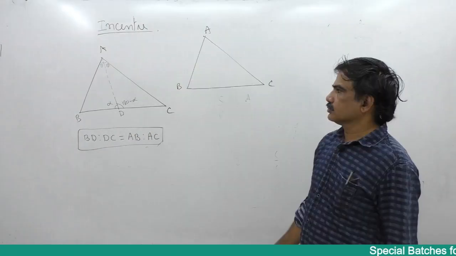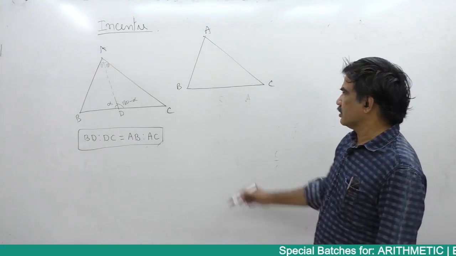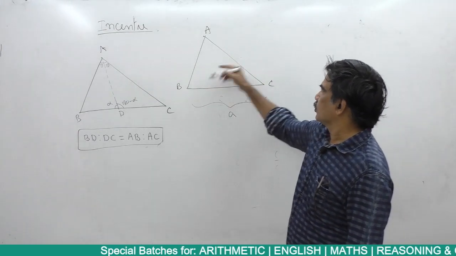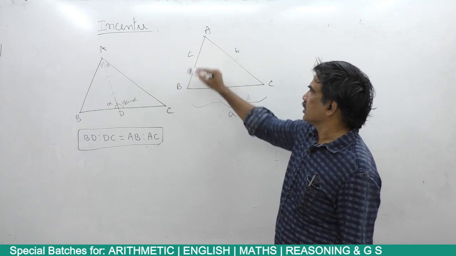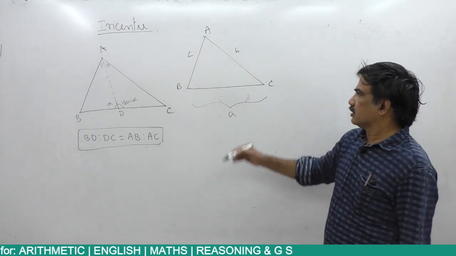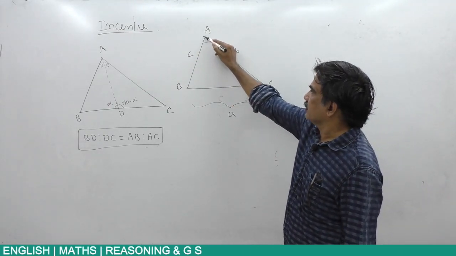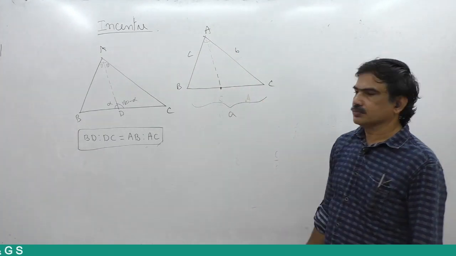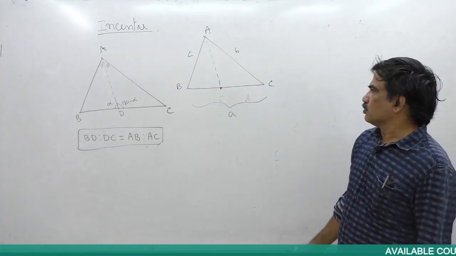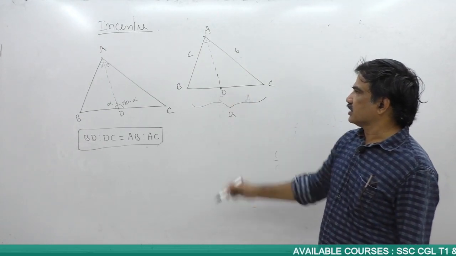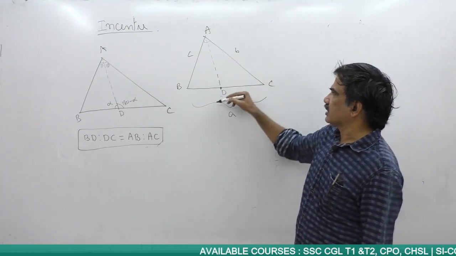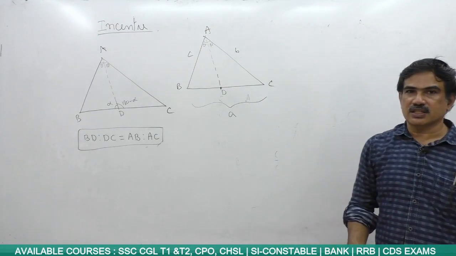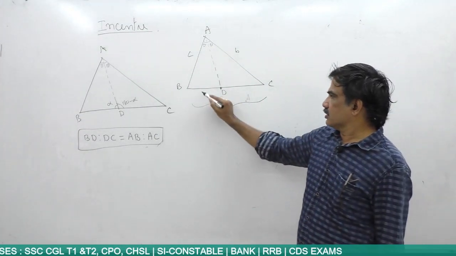Okay, next. In triangle ABC, let the total length be a, the side opposite to B is small b, and the side opposite to C is small c. Draw the angular bisector of A, which meets the opposite side at D. Already you know the angular bisector divides the opposite side in the ratio of its adjacent sides.